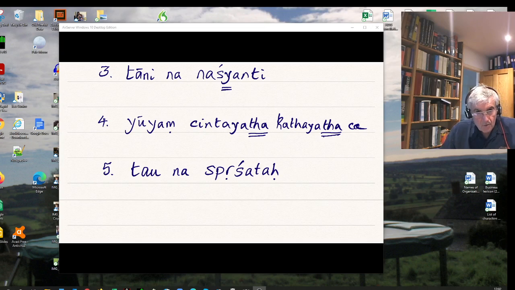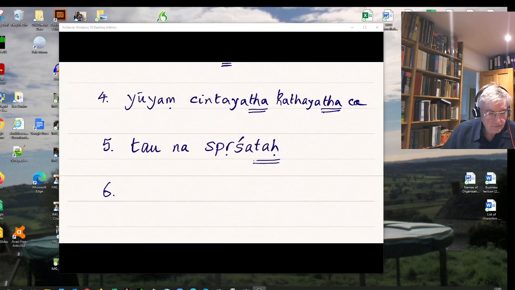Nasprishata, do not touch, they do not touch. And note here the characteristic da, unaspirated da. Unaspirated da, unlike the second person plural, you two, where it's an aspirated ta. So they two do not touch.